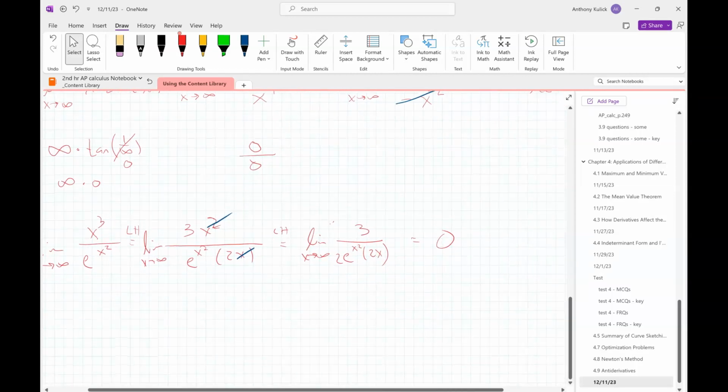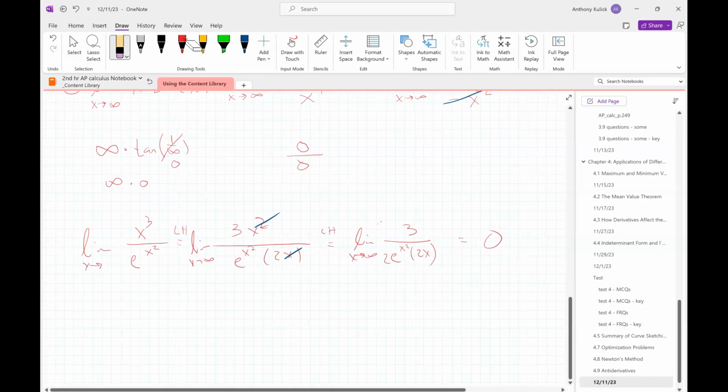Three over infinity? Oh, this approaches 0? Yeah. Oh, well, you didn't tell me that. No, it can't be 0. Well, because it would just be 0 over 1 in the very first step. You wouldn't even have to do anything. Oh, okay.